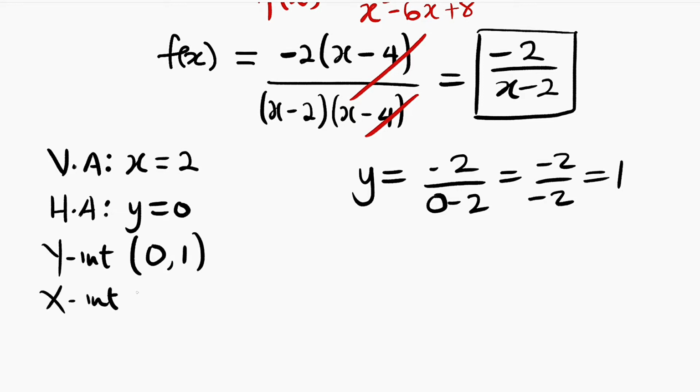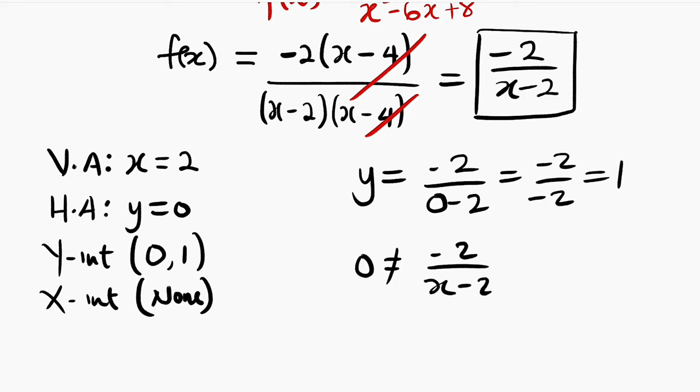For the x-intercept, remember, you can obtain this by setting the value of y equal to 0. So we have 0 equal to -2 divided by x minus 2. And this is not possible because you can see our numerator is just a constant. So we say none.